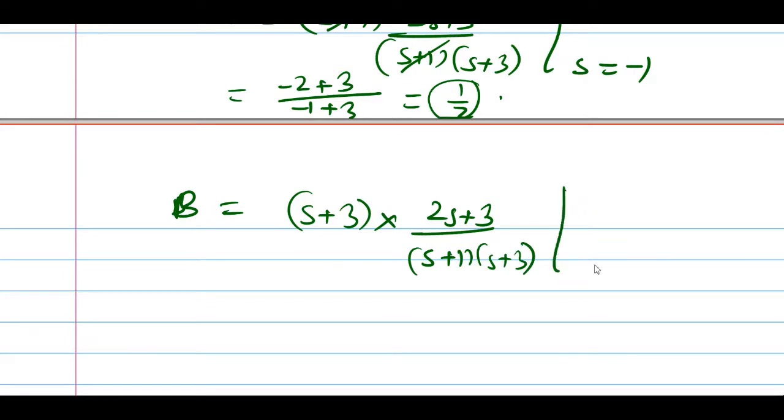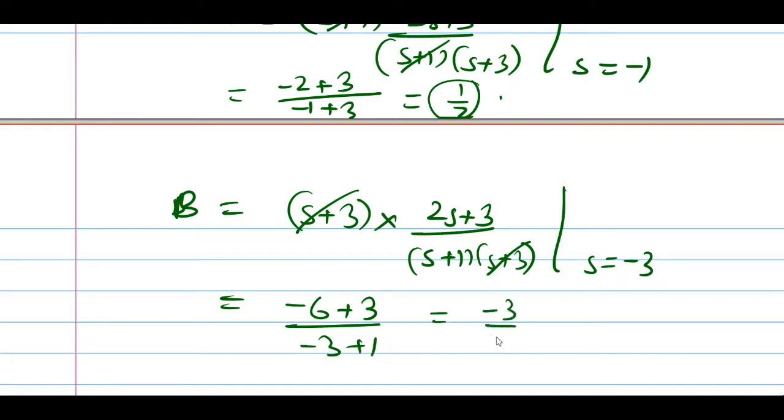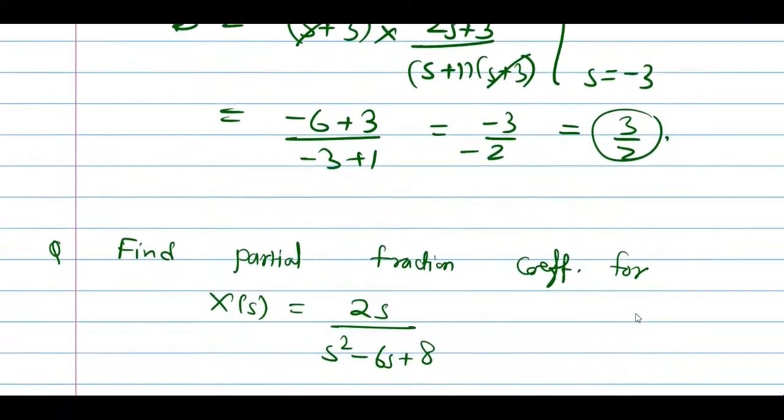This we will calculate at s plus 3 equal to 0, that means s equal to minus 3. S plus 3 cancels. So minus 6 plus 3 divided by minus 3 plus 1. That means minus 3 upon minus 2. So answer is 3 by 2. So B value is 3 by 2.